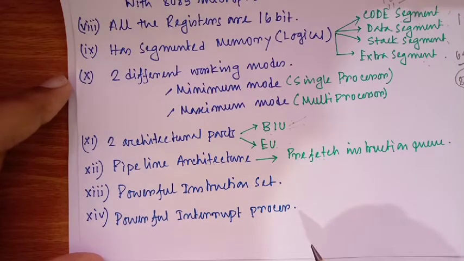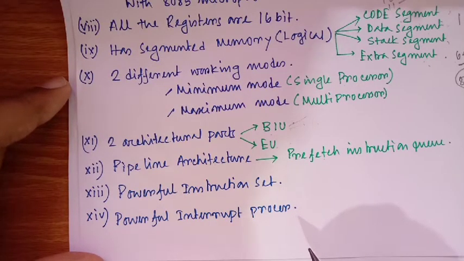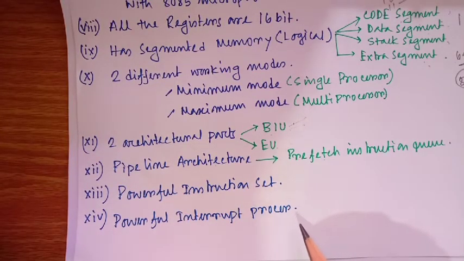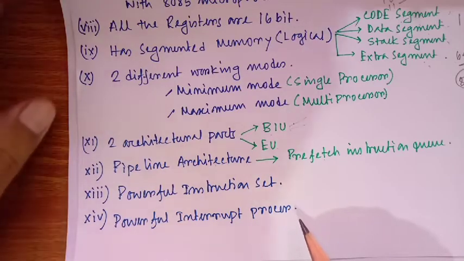Already we know that interrupt is basically a process by which normally an IO device wants to get the attention of the processor so that the processor does its work. So this particular device has a better interrupt process, and in the upcoming videos I will explain what interrupts we have in 8086, right?